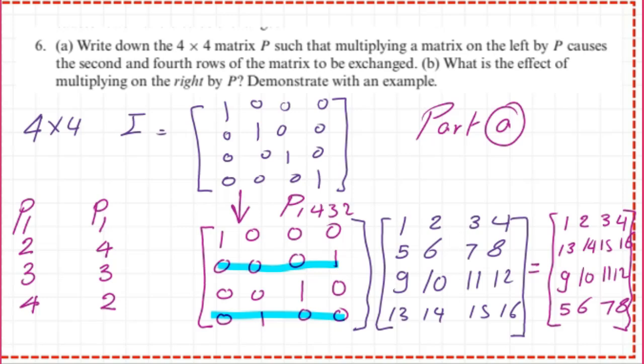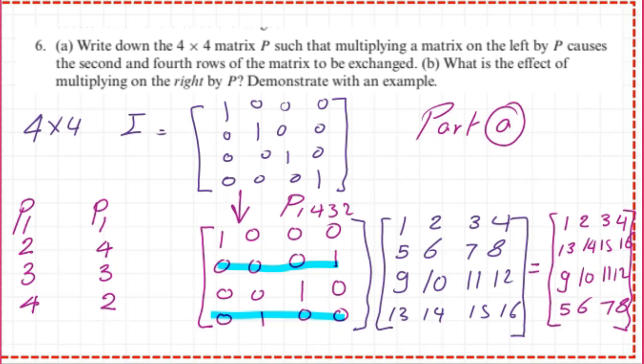Okay, we will bring the first row here, 1 0 0 0, followed by the fourth, which is 0 0 0 1, highlighted. Third remains 0 0 1 0, and the second will be brought to be the last, 0 1 0 0, as highlighted.